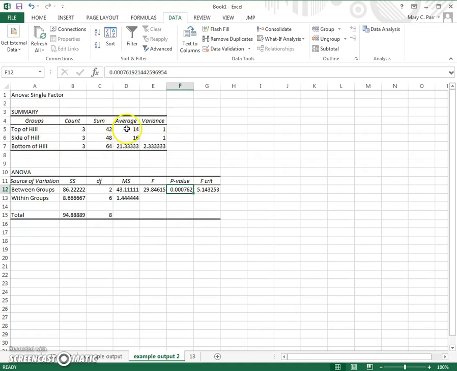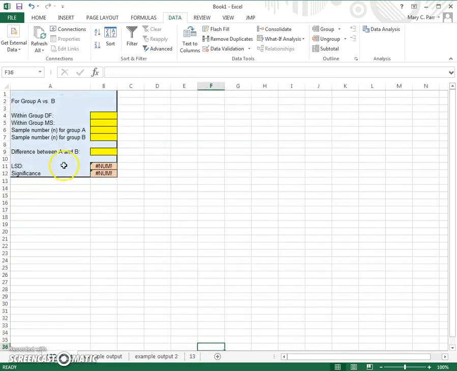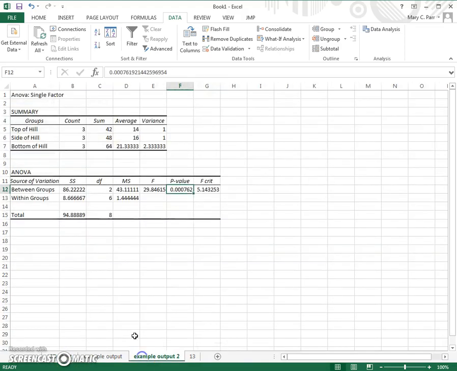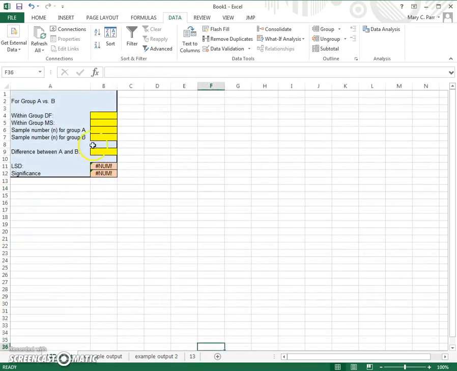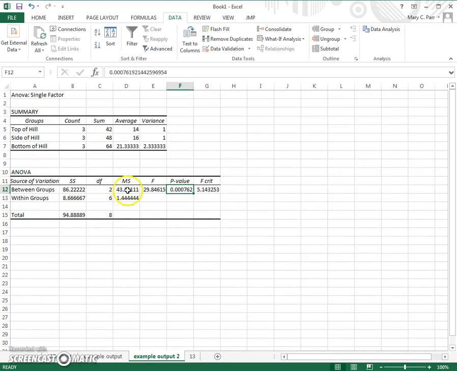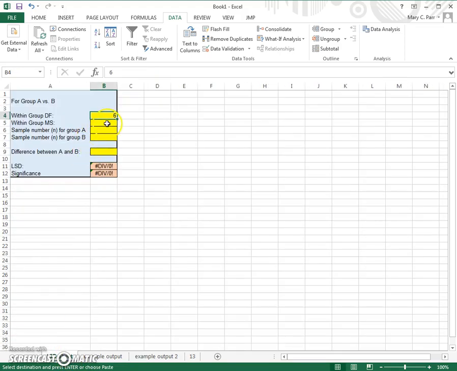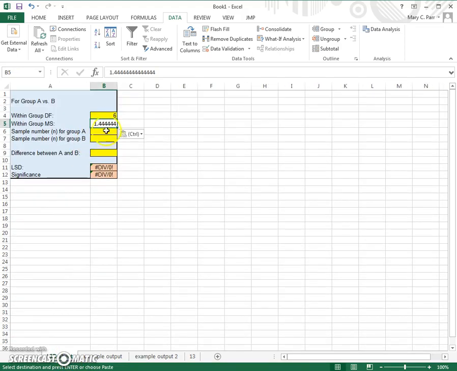Say we're going to compare the top of the hill versus the side of the hill. The within group degrees of freedom is 6, so we put 6 here, and then the within group mean squared is 1.444, and put that there.